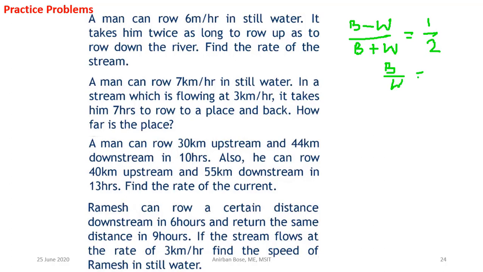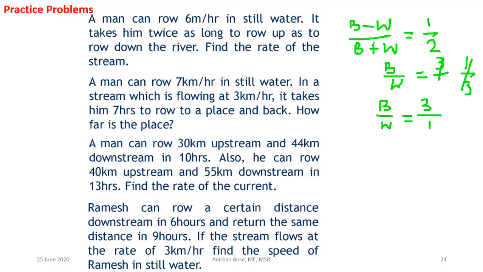So B by W is equal to this plus this by this minus this. So it will be 3 divided by 1.